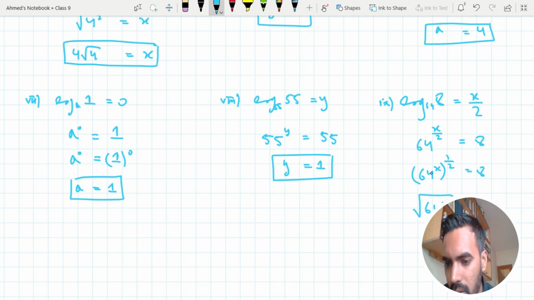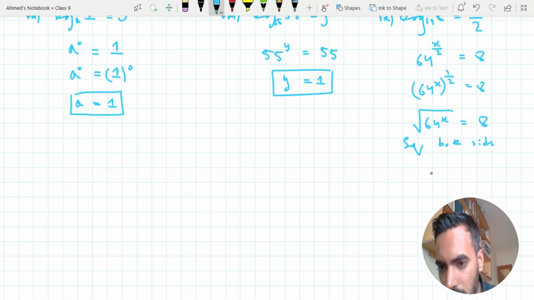So the square root of 64 to the power x equals 8. Squaring on both sides so that the square root is removed first. So it will be 64 to the power x here and 8 squared is 64 here. Again the base is the same, so powers can be equal. So x equals 1.